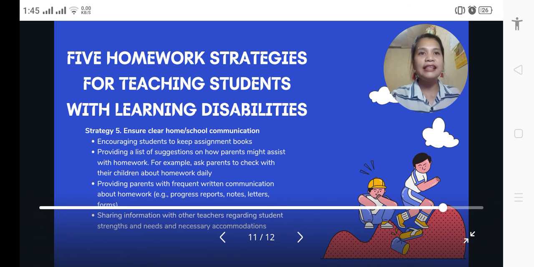And lastly, sharing information with other teachers regarding the student's strengths and needs and necessary accommodations. If you are a SPED teacher, you need to collaborate with the parents, the general education teachers, and the administrator so that accommodations can be made for the child.